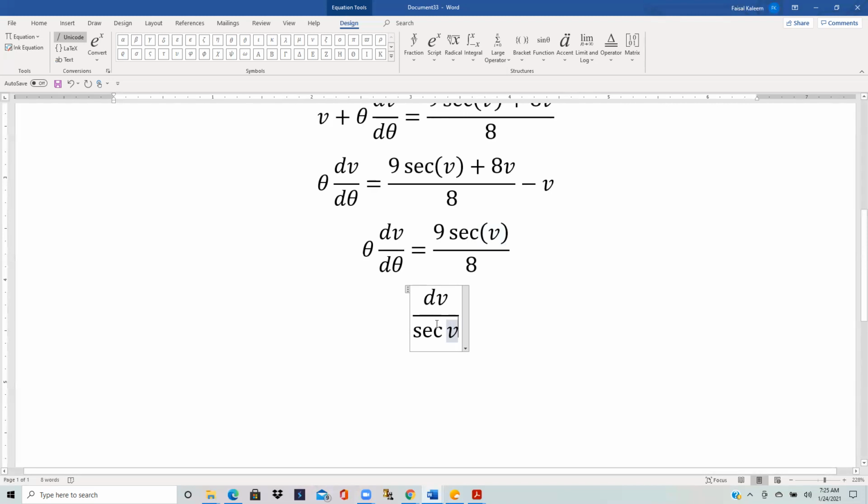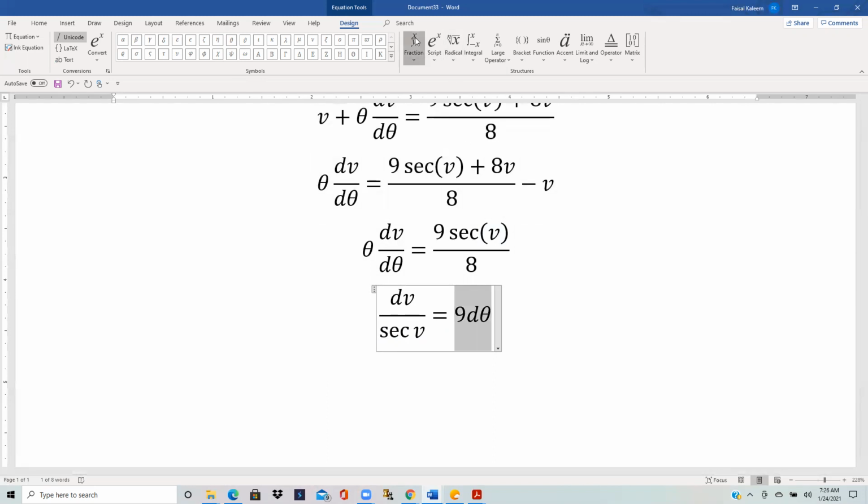And then take the theta terms on the right. So you have a 9. It doesn't matter where the 9 and the 8 are, so I'm just leaving them where they are. So 9, and then the d theta goes up. And then on the bottom you have an 8, and this theta also comes down, 8 theta.